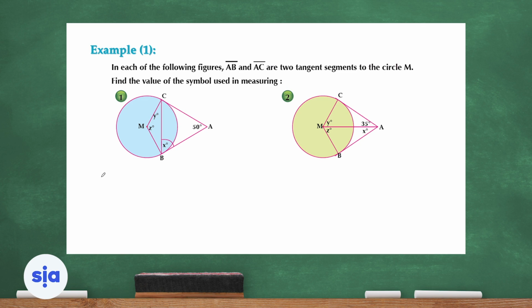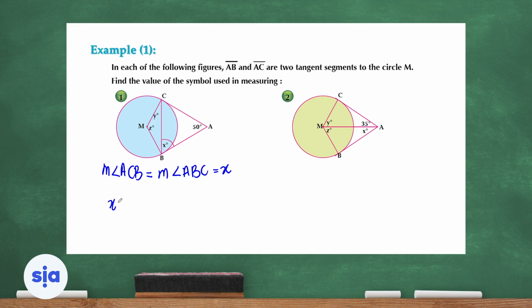Therefore, the measure of angle ACB is equal to the measure of angle ABC is equal to x.